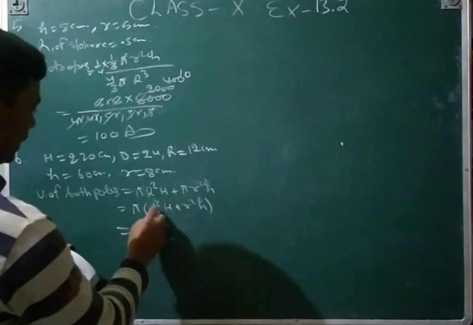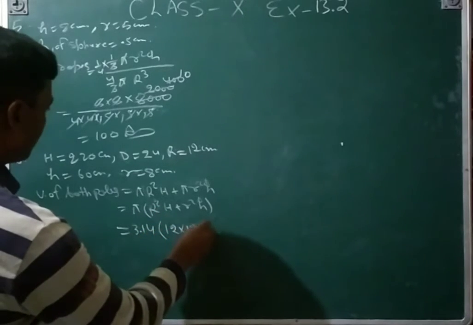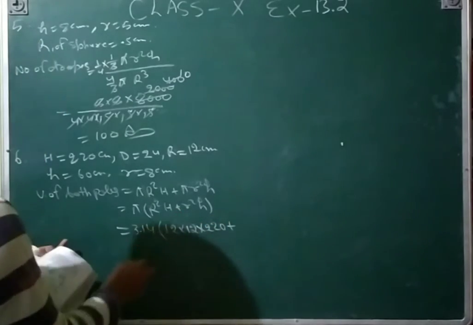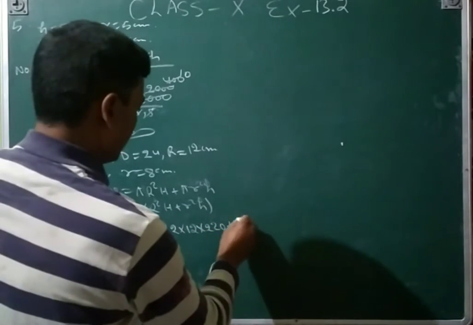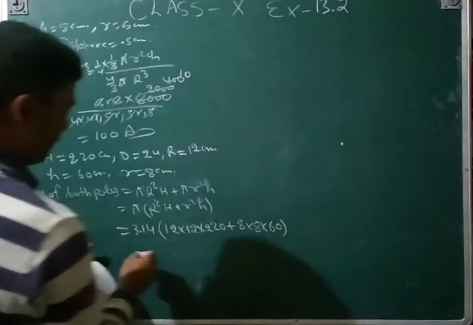3.14 bracket. R is 12 into 220 plus R is 8 into 60.